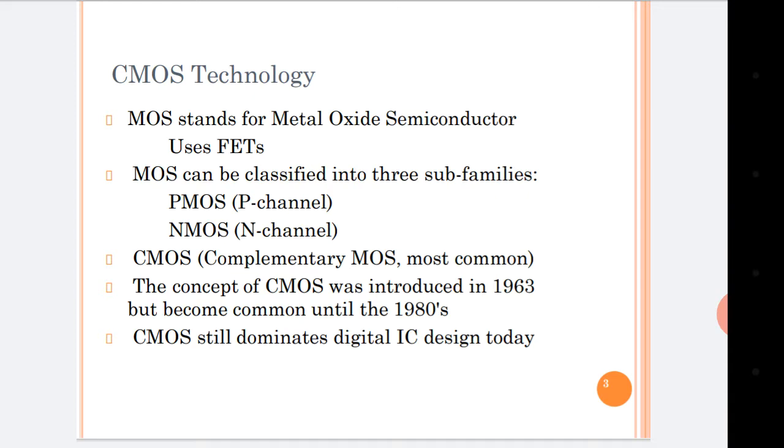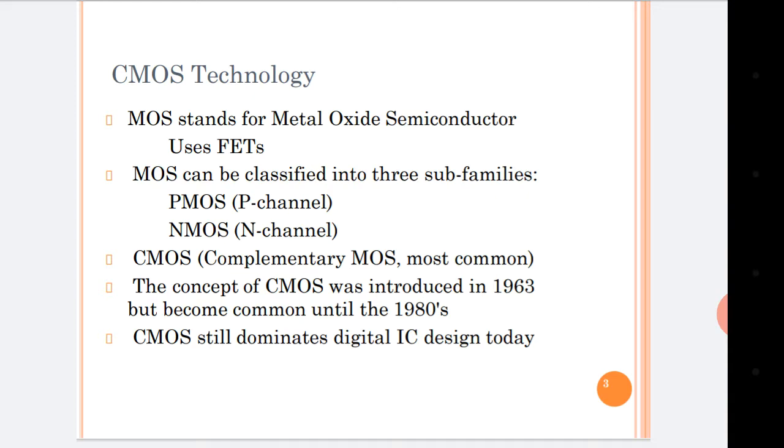CMOS technology. MOS stands for metal oxide semiconductor. It uses FETs, that is field effect transistors. MOS can be classified into three subfamilies, that is PMOS, P-channel MOSFET, NMOS, N-channel MOSFET, and CMOS, that is complementary MOSFET, which is the most common.